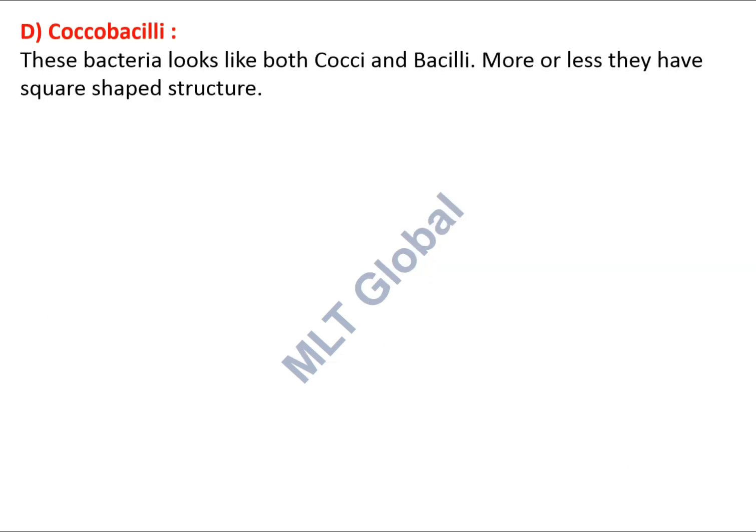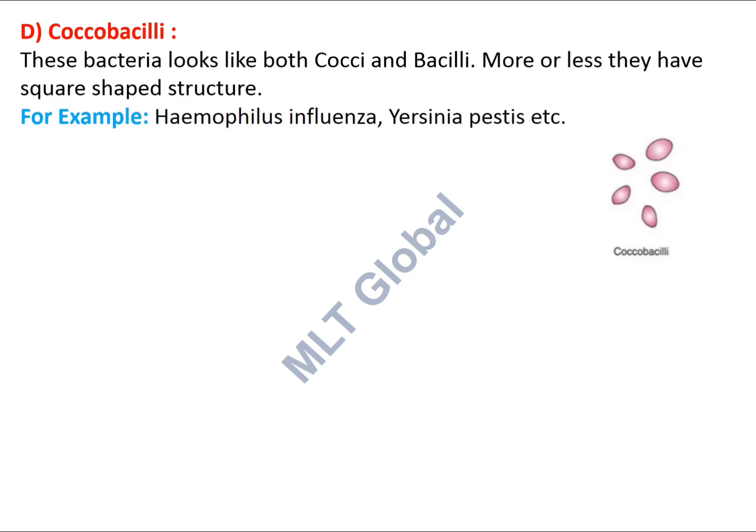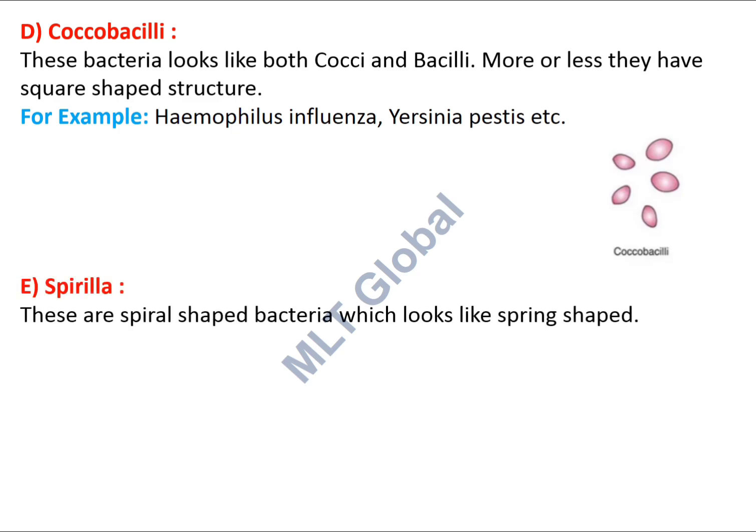D. Coccobacilli. These bacteria looks like both cocci and bacilli. More or less they have square-shaped structure. For example, Haemophilus influenza, Yersinia pestis, etc. E. Spirilla. These are spiral-shaped bacteria which looks like spring-shaped.